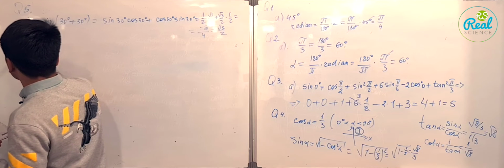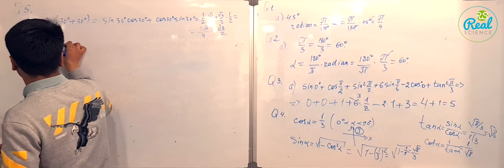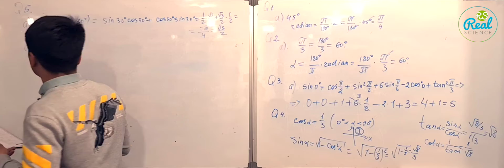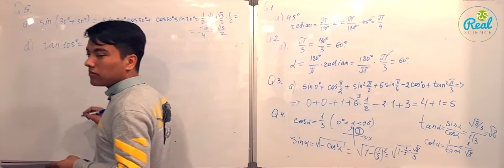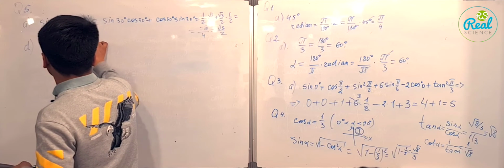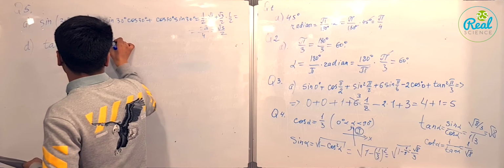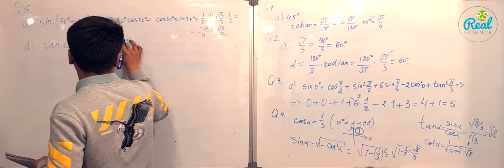But what about D1? Could we just add the degrees? No, we cannot. It's like 60 plus 45. Yes, of course, you're right, students.